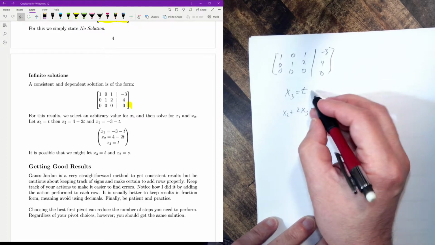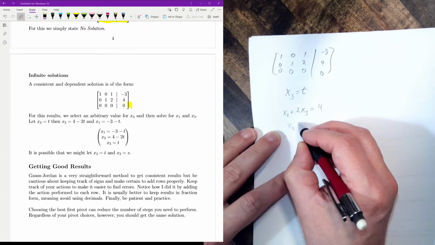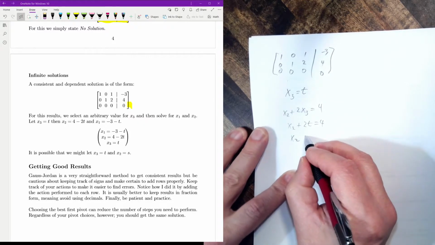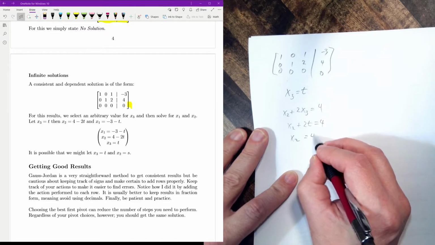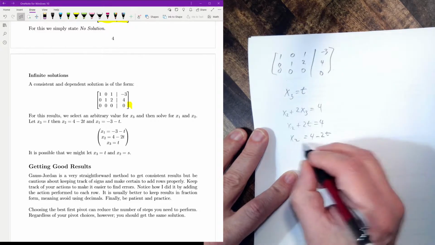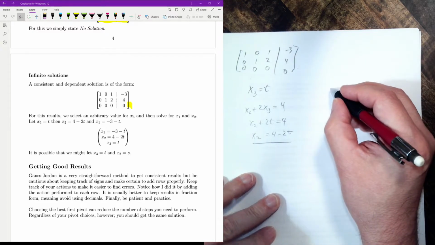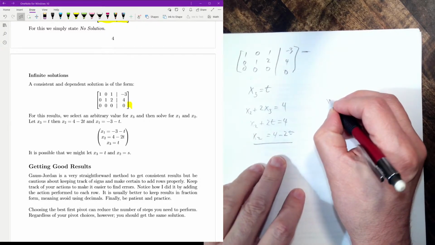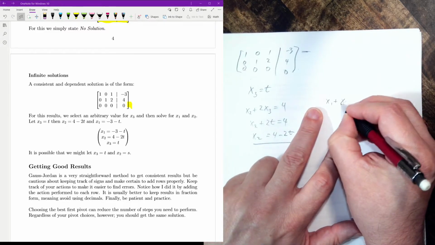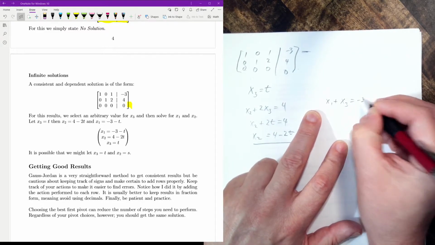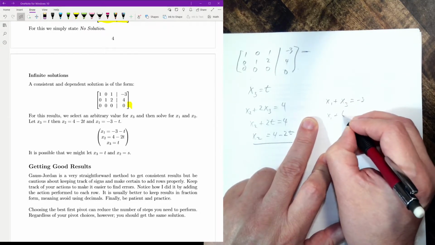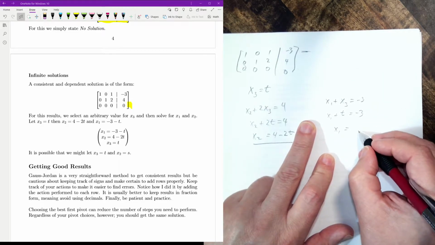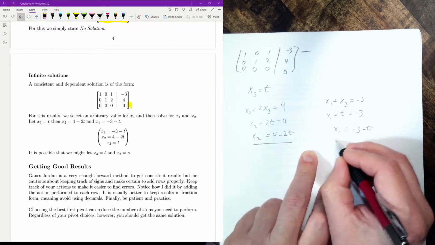Plugging in t, we have x2 plus 2t equals 4. So x2 equals 4 minus 2t. And then we do the same thing for x1. So we have x1 plus x3 equals minus 3. x1 plus t equals minus 3. So x1 equals minus 3 minus t.